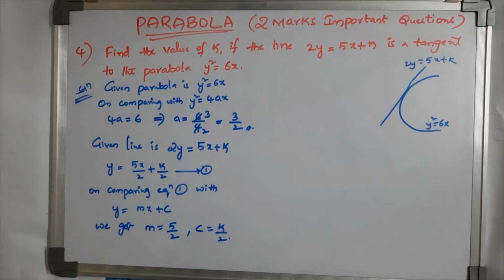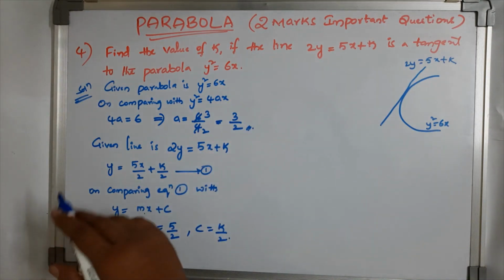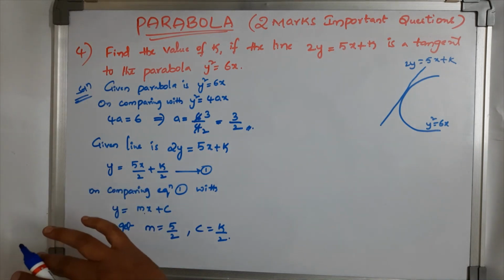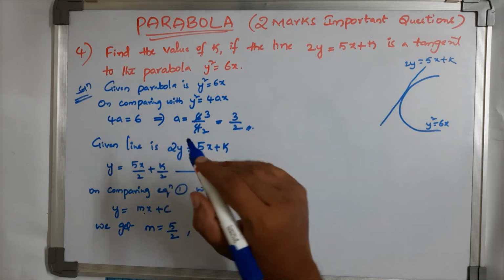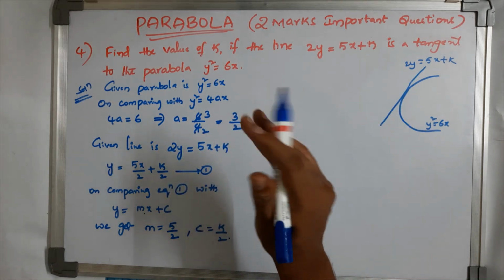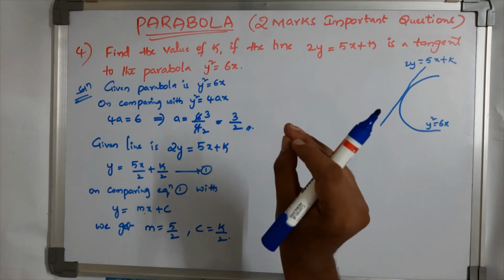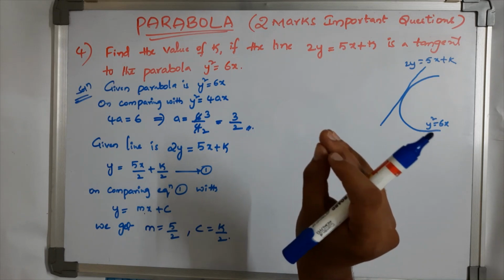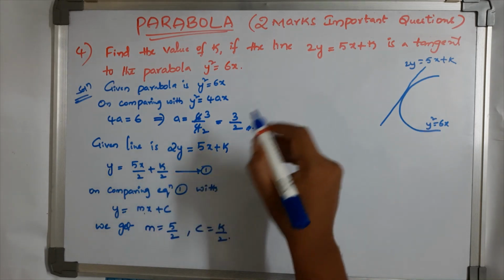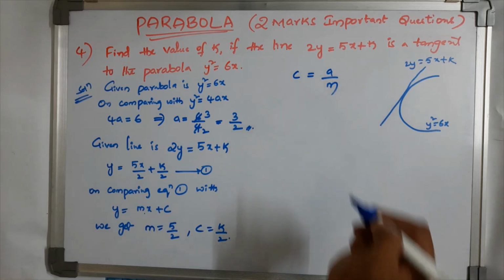Okay. In the question itself, he has given the line 2y is equals to 5x plus k is a tangent to the parabola, so the condition is the line is already a tangent to the parabola. Whenever a line or a straight line, whatever it is, is a tangent to the parabola, the condition should be c is equals to a by m.